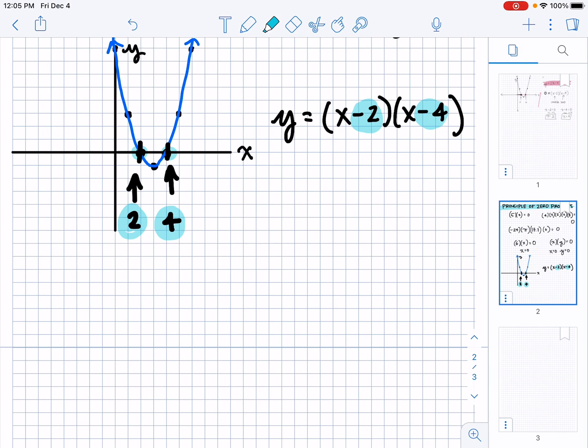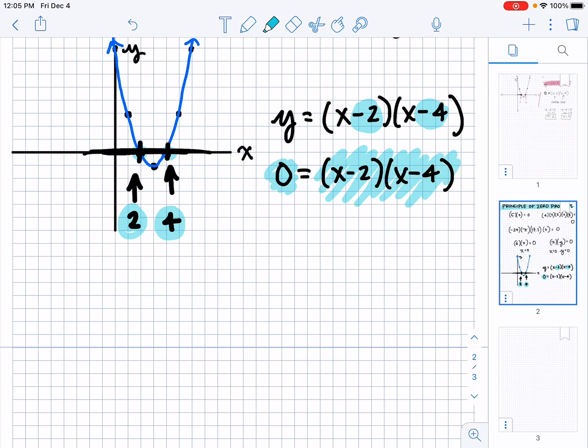Now, why is that? The question is, why is this true? And here's the answer. Notice. So we could say 0 is equal to x minus 2 times x minus 4.